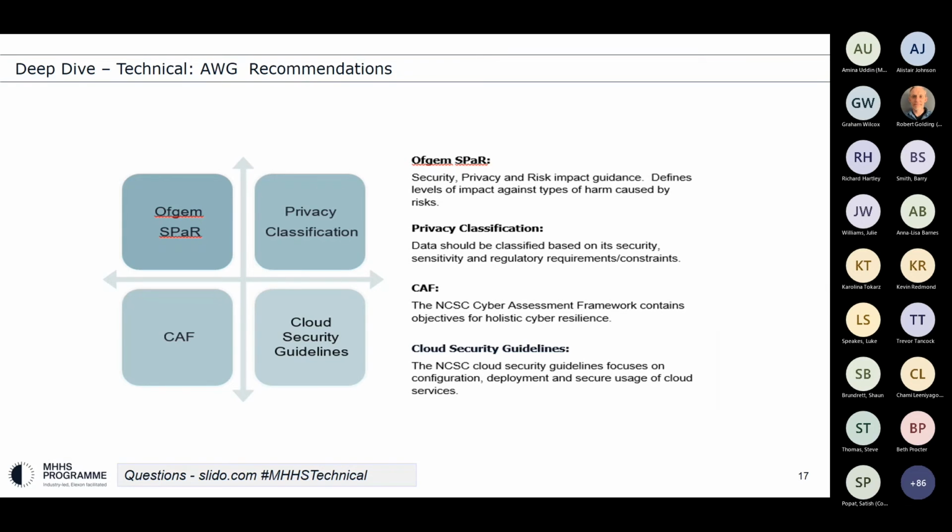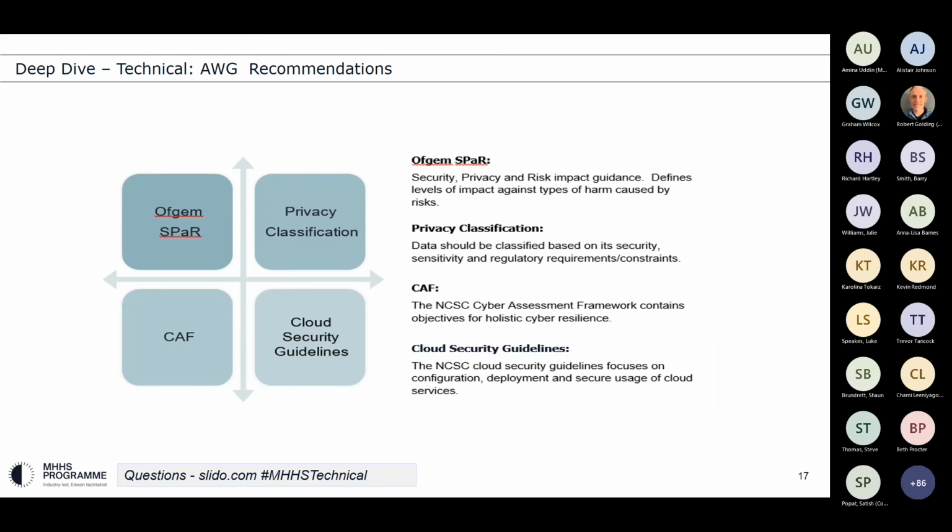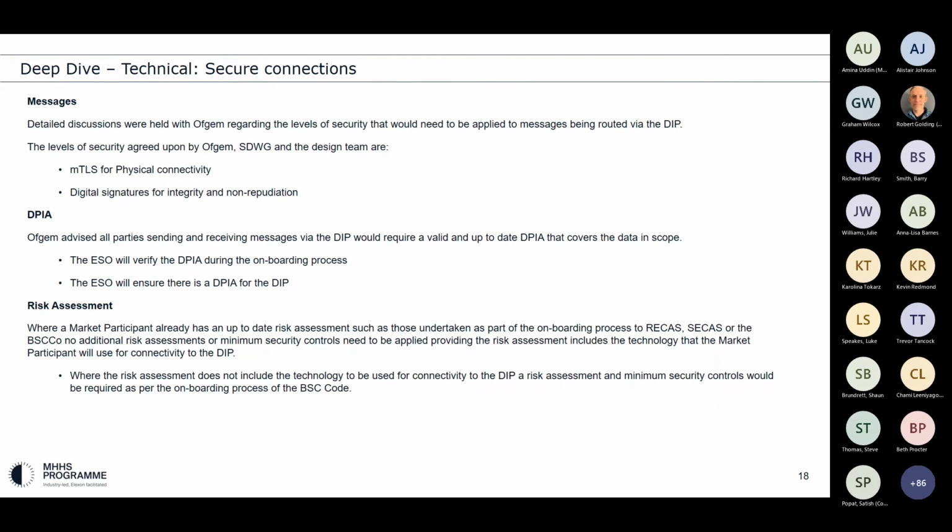And again, I purely put this on there to say that all of these were followed in reaching the security requirements that have been fed in for the DIP. Again, Rob, could you move on, please?